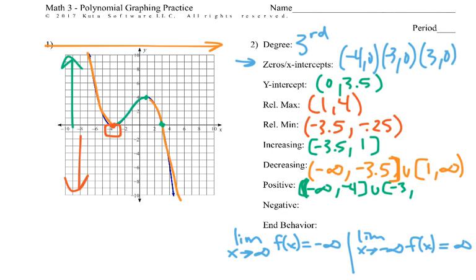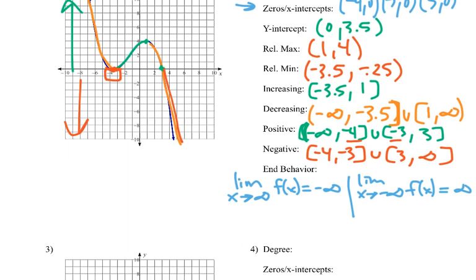Just mixing things up here. So negative, we kind of go on the in-between part, right? We're negative right there. So negative 4 to negative 3, and then it jumps, and then from 3 on to positive infinity, we're also negative. Okay? And that's what the key features of our first one should look like.